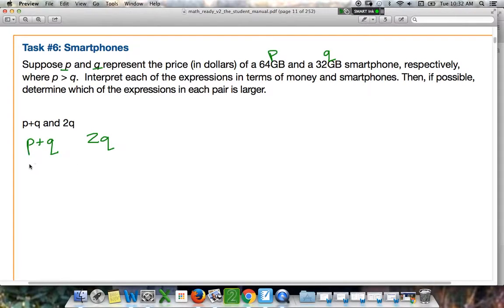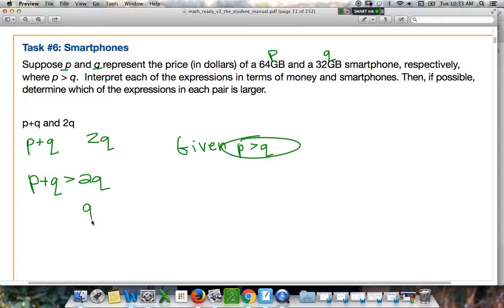Here's how you would get full credit. You are given that P is larger than Q. So if you can prove that in a statement, then you've proved whichever one you want to be larger. So for example, if you think this one's larger, then mathematically you write P plus Q is larger than 2Q. So we got to get to this statement to prove it. So 2Q is the same as Q plus Q. Now because of what we did in task 1, you can take away Q and you know that that's going to be equivalent statements.